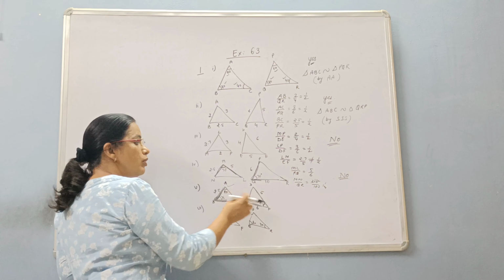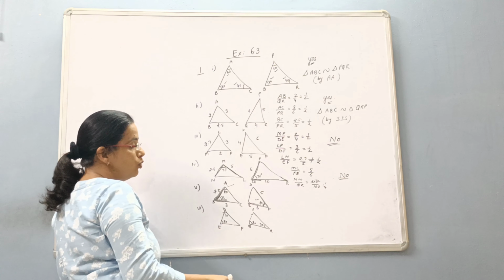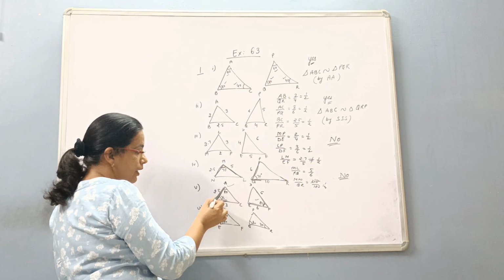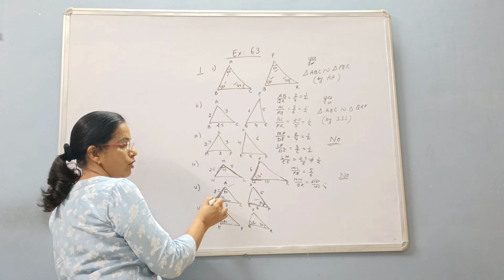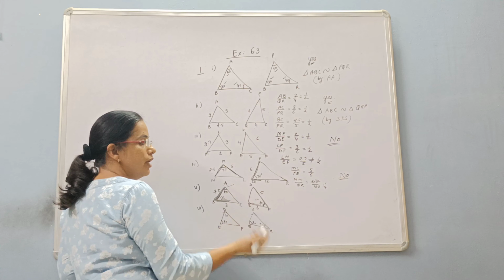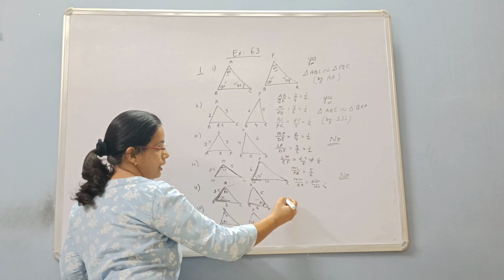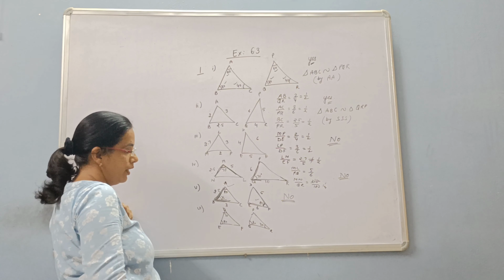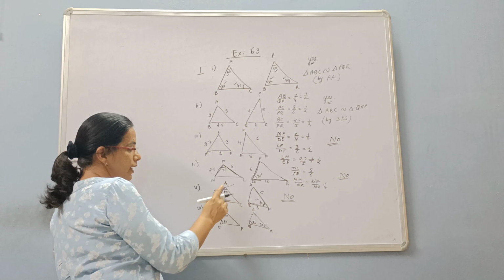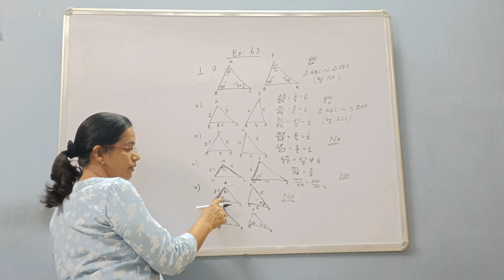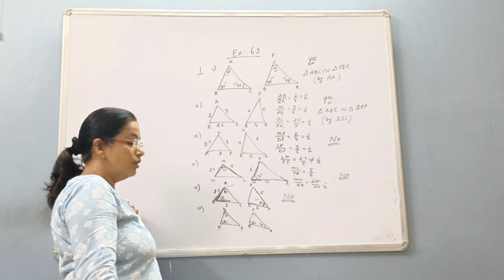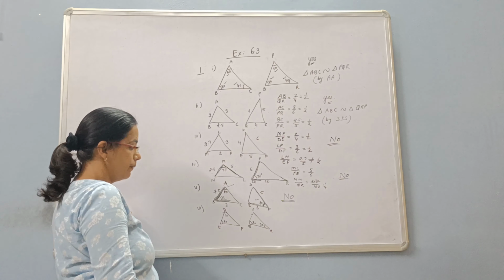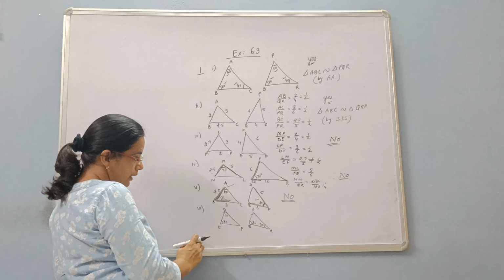If we need to show the two triangles similar, then we need the angle between the two sides. So because the angle between the two sides is not equal, the triangles are not similar. Okay. If instead of angle A, your angle B was given 80 degree, then the two triangles would have been similar.